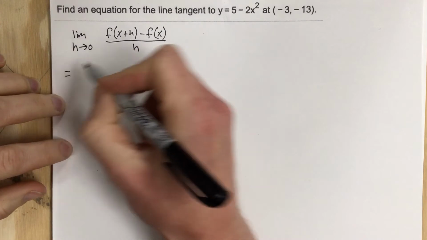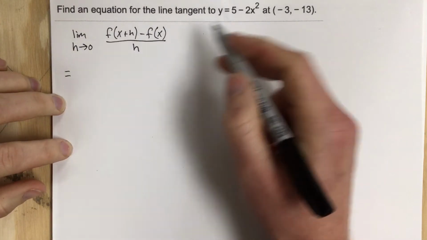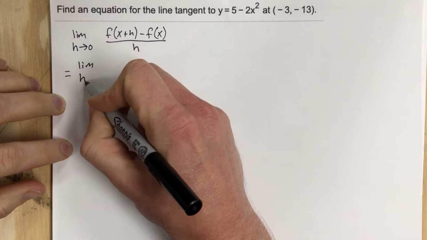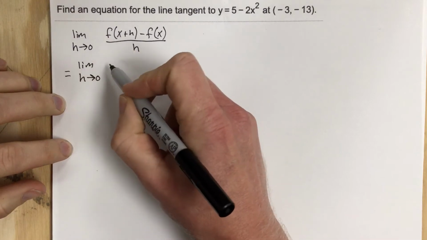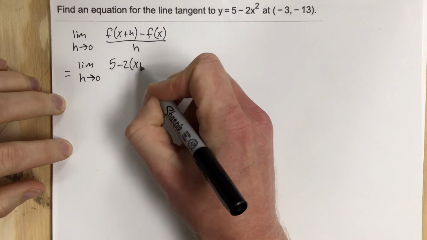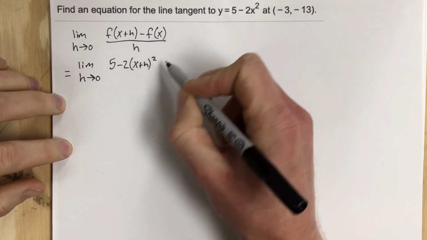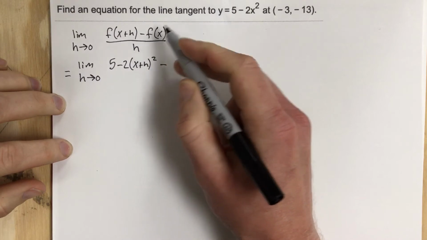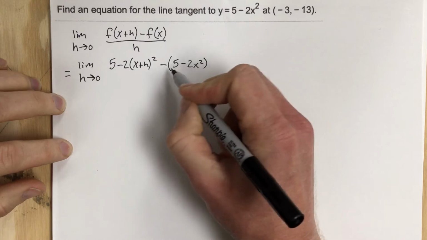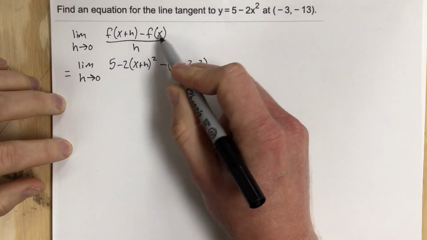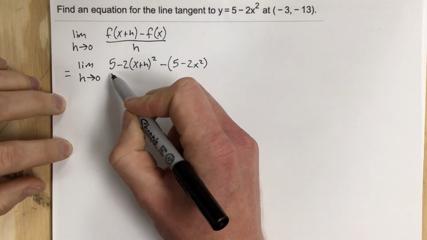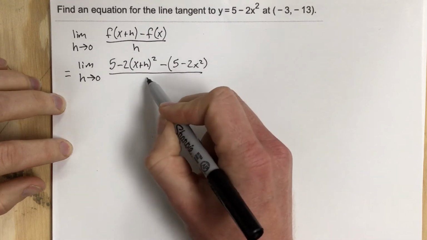So if I plug in x plus h into the function, I get the limit as h approaches 0 of 5 minus 2 times x plus h squared, minus the original function itself, which is 5 minus 2x squared. Make sure that you put this in parentheses because you're subtracting f of x, so it's going to be minus each of the terms. And that's all over h.